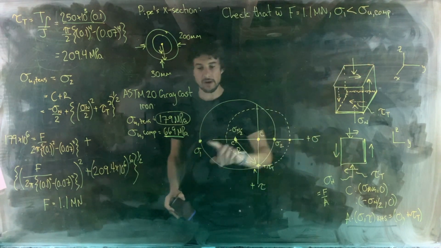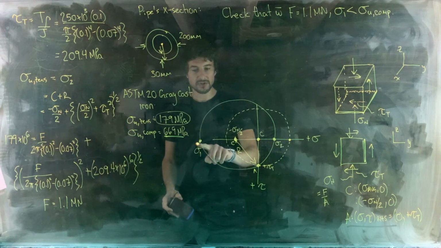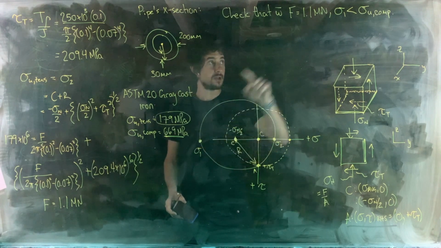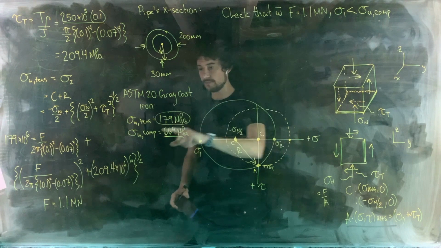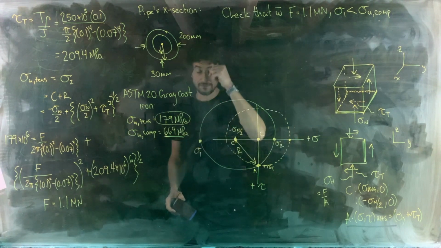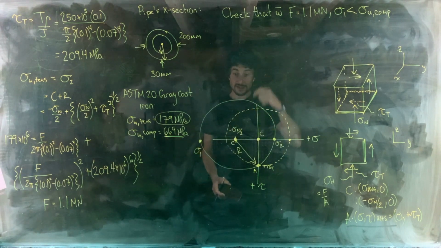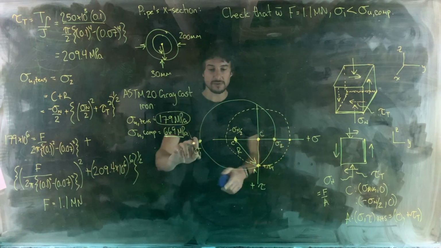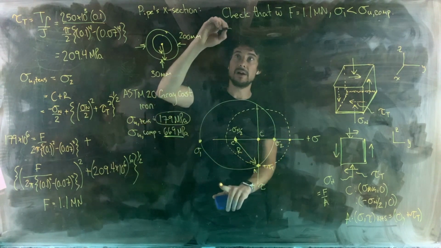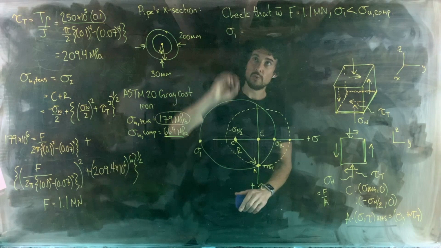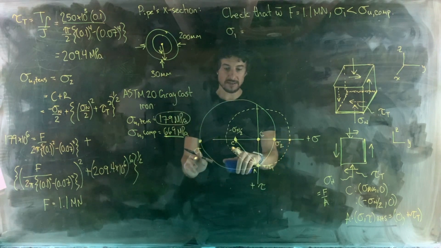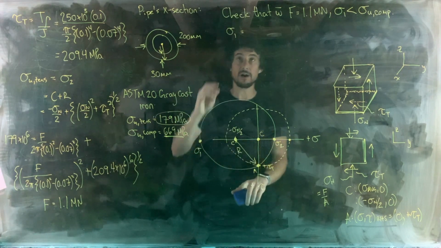So check that the largest compressive stress present, sigma 1, is less than the ultimate compressive strength of the material. So that's easy to check, right? Because all we want to do is find the value of sigma 1 here, which is equal to what? The value of C minus R.